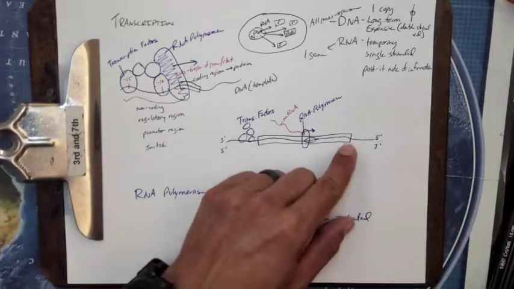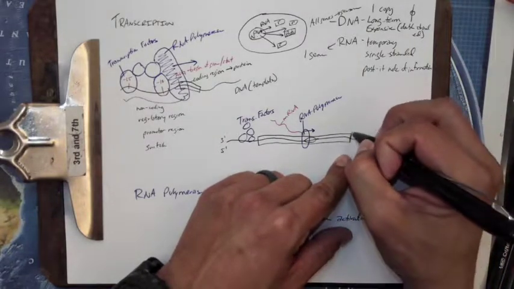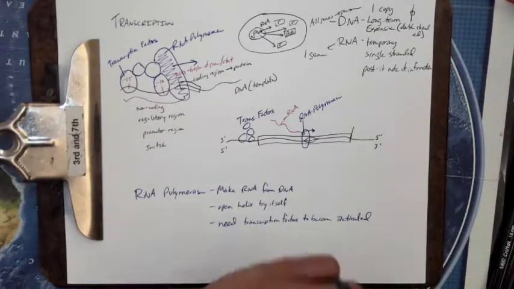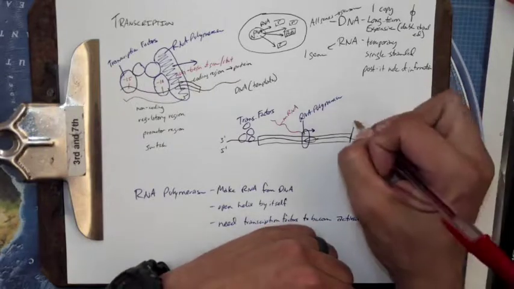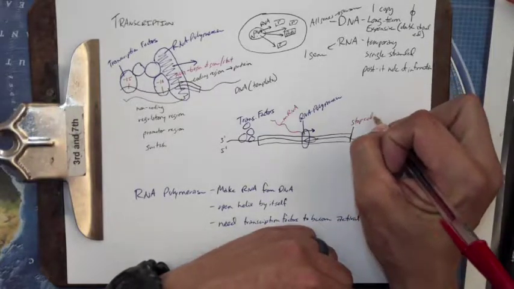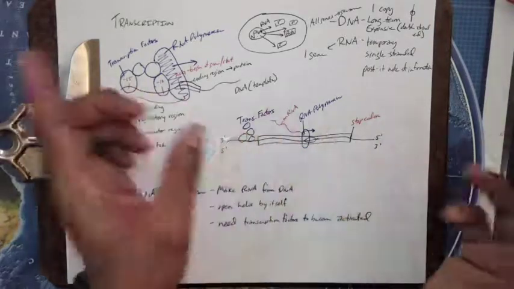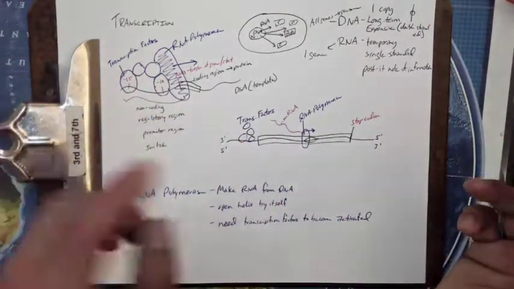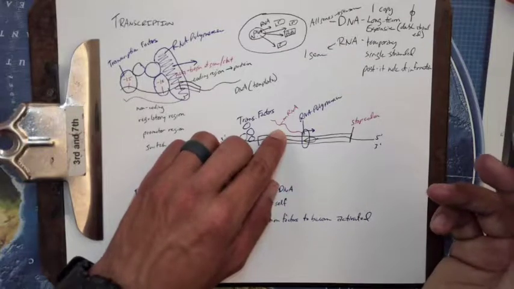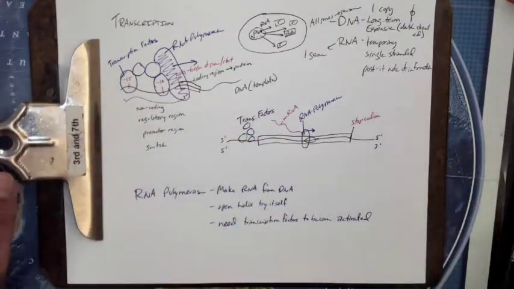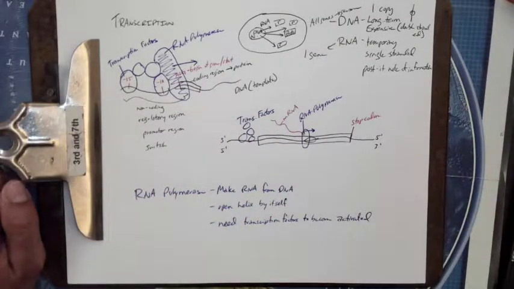When the RNA polymerase gets to the end of the coding region over here, that means that it is going to be where there is a stop codon. And when it reaches that stop codon, the RNA polymerase is just going to fall off of the DNA. And when that happens, your messenger RNA, which you just generated, will now become present on the inside of the nucleus where this whole thing is happening.